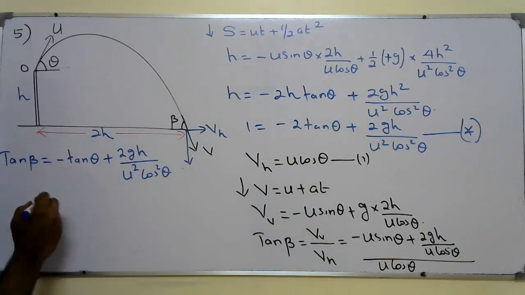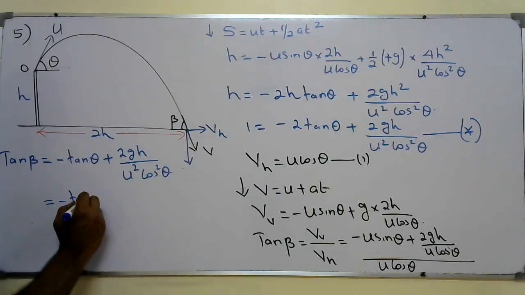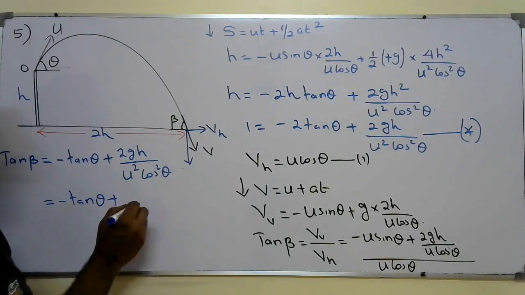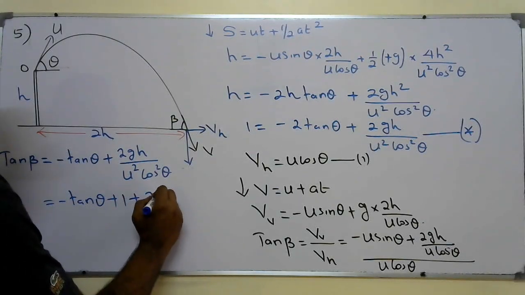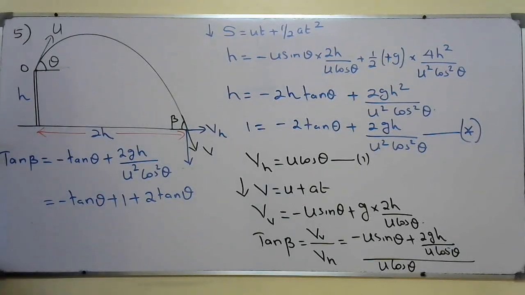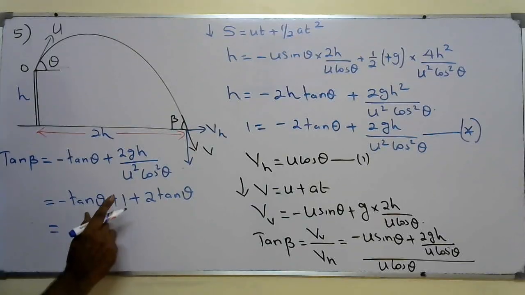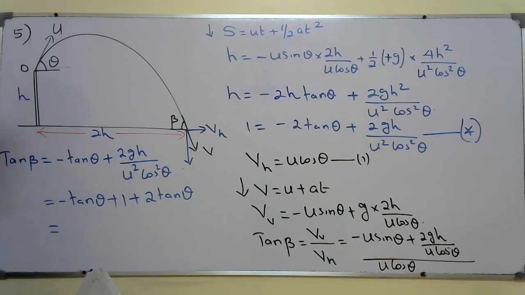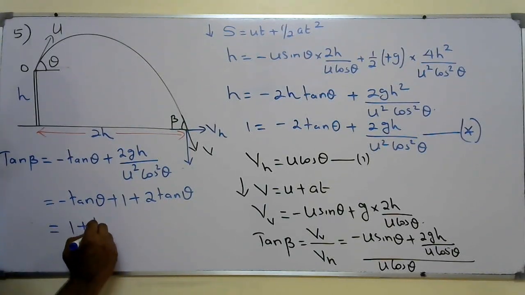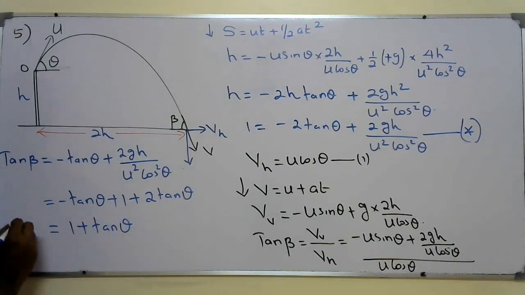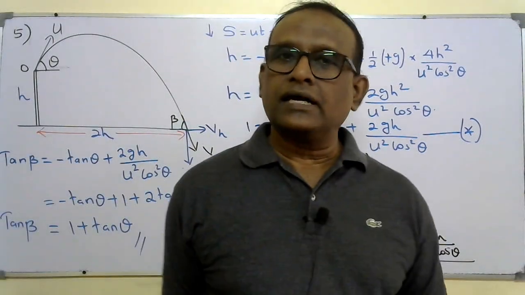So substitute that: minus tan theta plus 1 plus 2 tan theta. So it's going to be 2 tan theta minus tan theta, which is tan theta, plus 1. The question also says tan beta equals 1 plus tan theta, or tan theta plus 1, whatever it is. We got the answer.